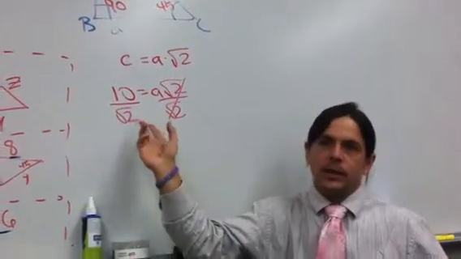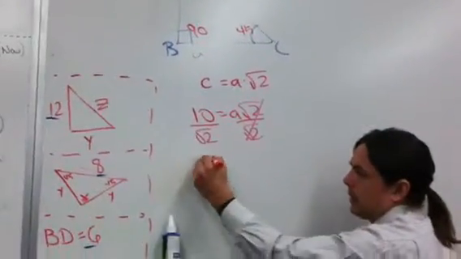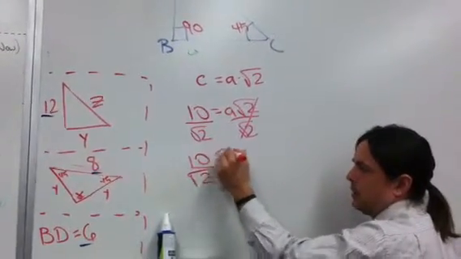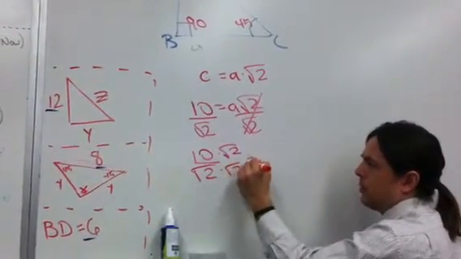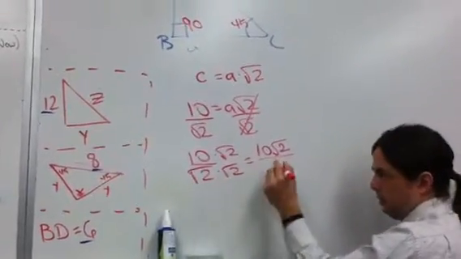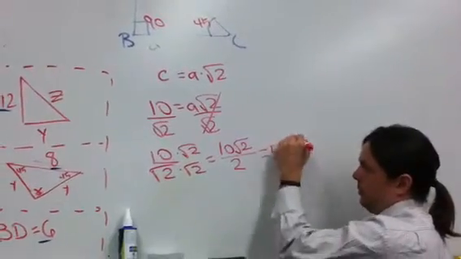It's not that it's incorrect, it's just that it's not the proper formation. So we're going to rewrite it by multiplying out that square root of 2. So it's times the square root of 2 over the square root of 2, getting us 10 square root of 2 over 2, which reduces to 5 square root of 2.